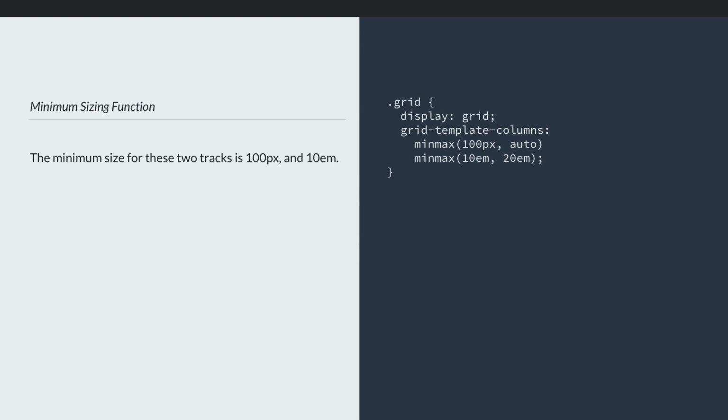So I'm now using minmax for my track sizing. The minimum size of that track is the value used for the first value passed to minmax. So it's not going to get smaller than that. In this case, we've got 100 pixels, out of 10M. That's going to be our minimum size.